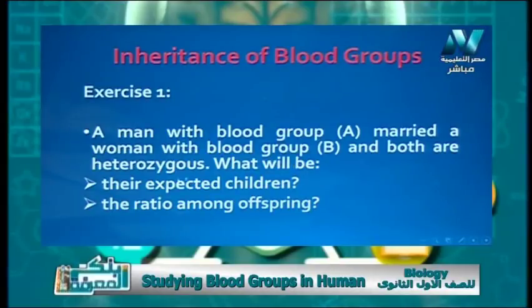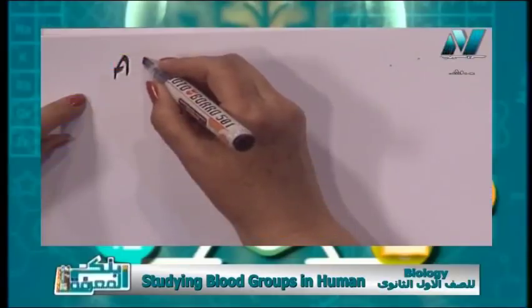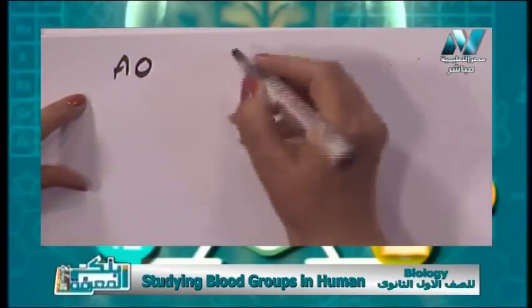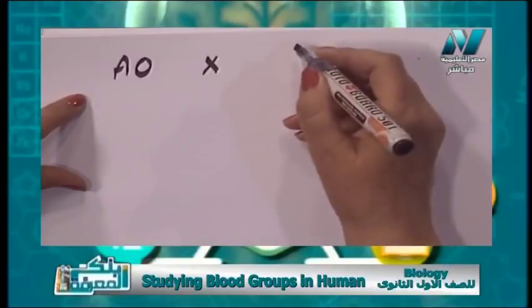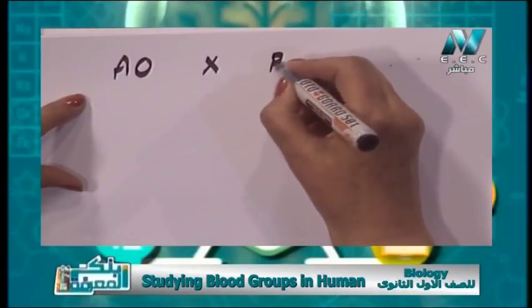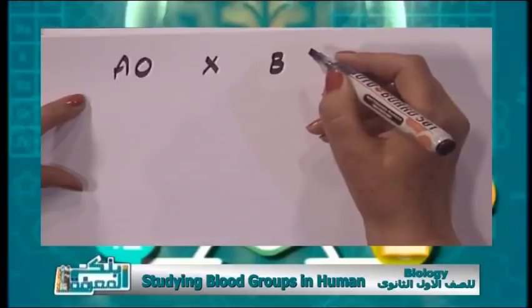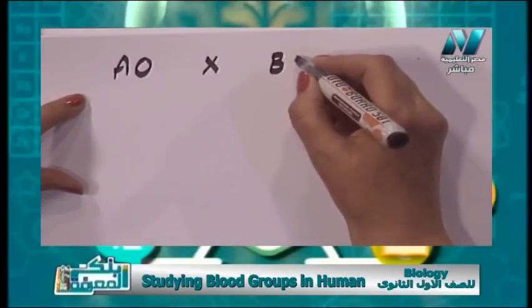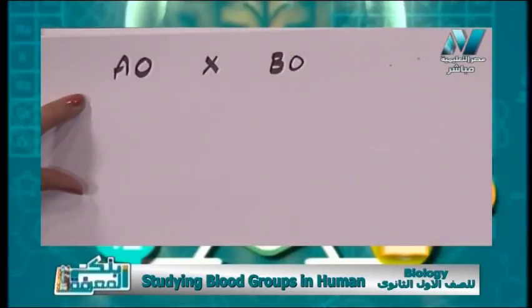So what will be the expected children? Let us solve this problem in this way. The blood group A, and we said that he is heterozygous, so it must be AO. With the woman, blood group B, and she also is heterozygous, so we must say BO.